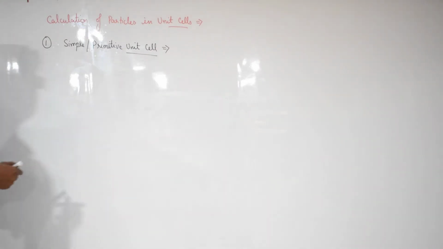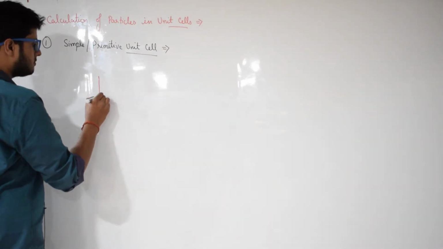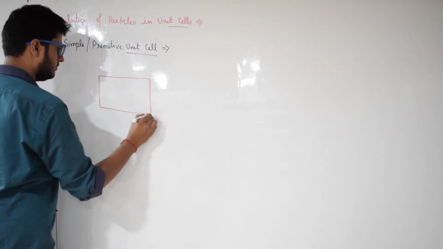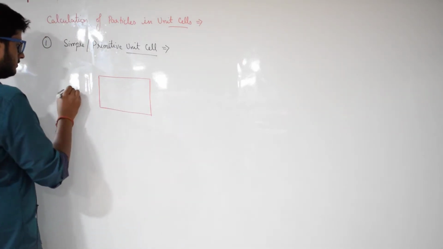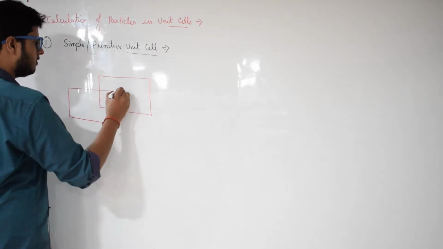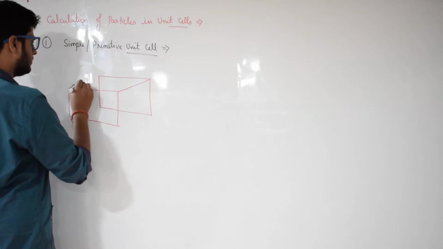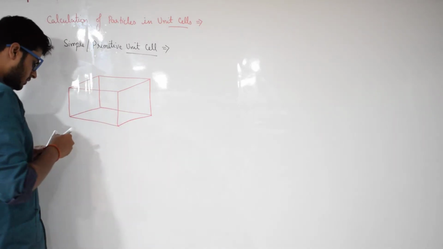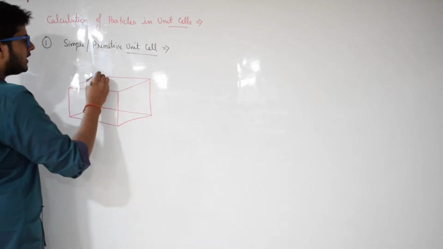In case of simple or primitive unit cell, let us have an arrangement of this. Let this be a simple or primitive unit cell in which particles are present only on the 8 corners.